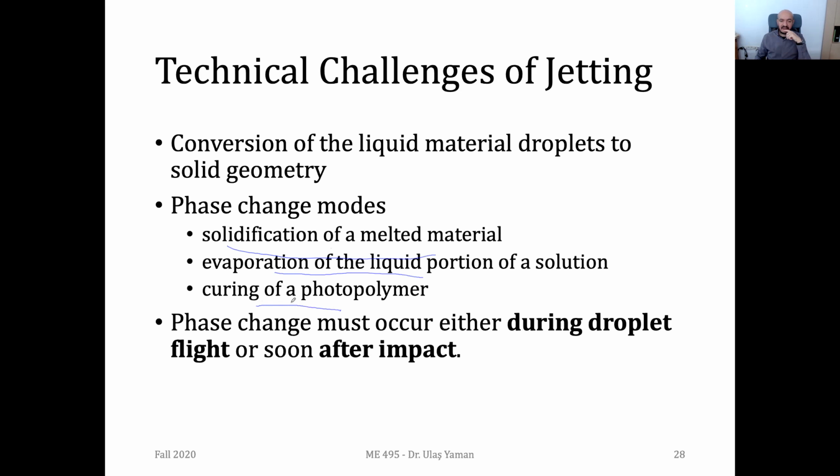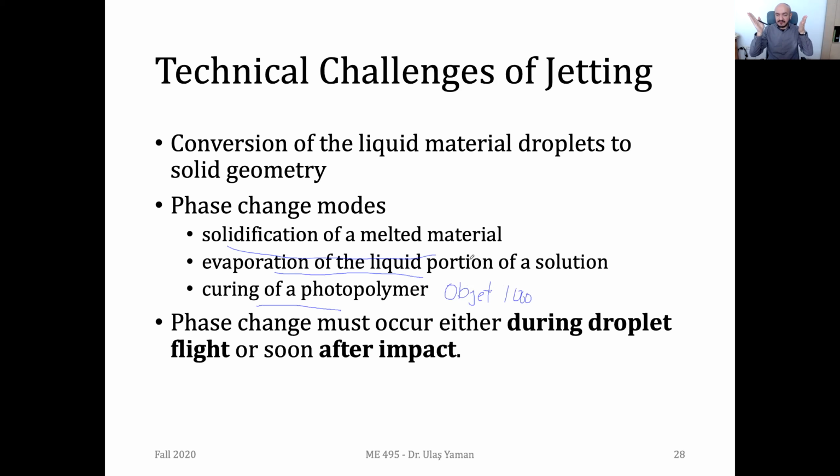And this was actually done in the Objet machines. If you remember the video I showed you at the beginning of this chapter, I think it was called Objet 1000 or 500. I forgot, but they were simply using this idea. They have a quite complicated head with thousands of nozzles. They are jetting photopolymer, and on the side of this head, they have some UV light.